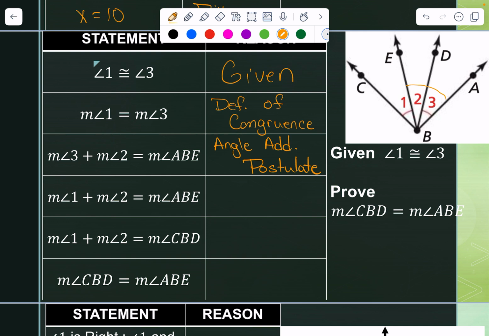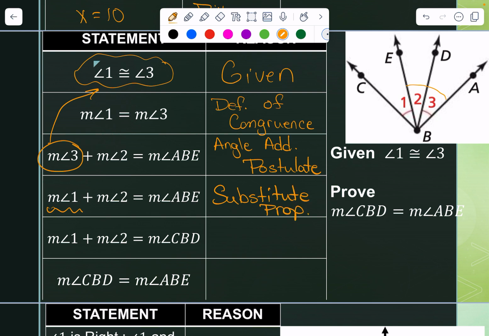Then they tell me that angle 1 plus angle 2 is equal to measure of ABE. Now, if you look at that, angle 1's not even involved with that. So where are they getting that from? Well, that comes back to the given. What they're doing here is they're taking measure of angle 3, and because angle 1 and angle 3 are congruent to each other and also equal, then they can substitute.